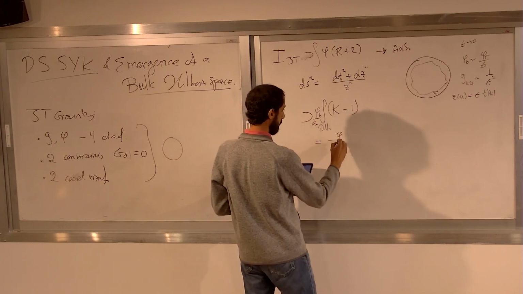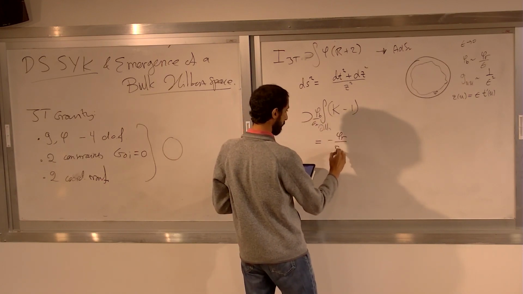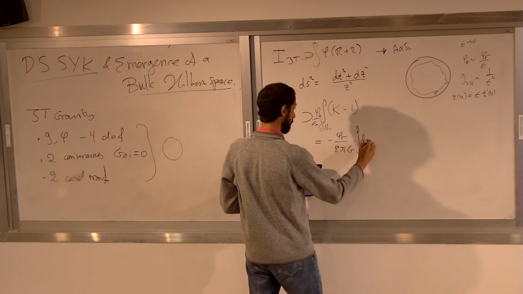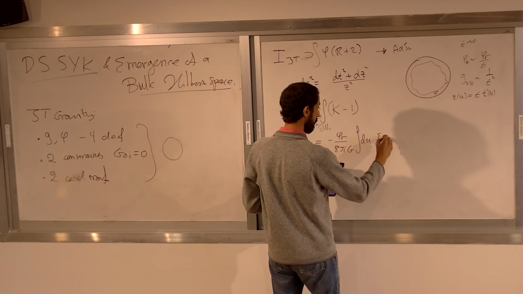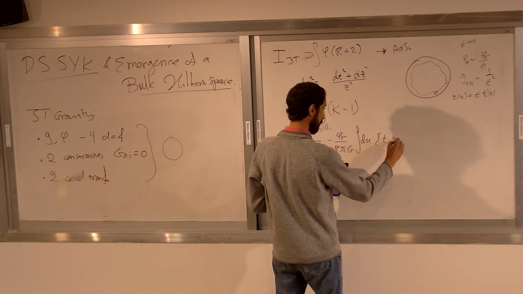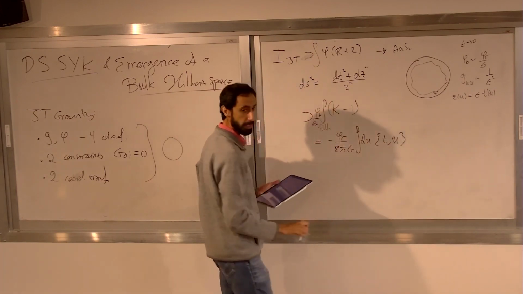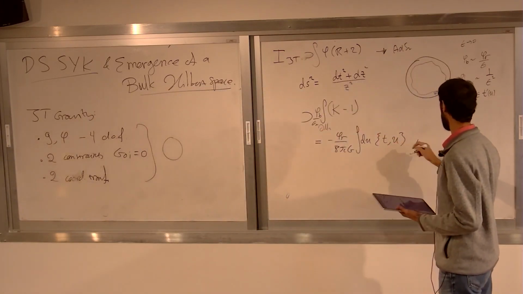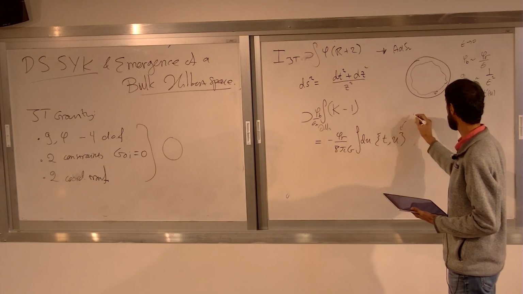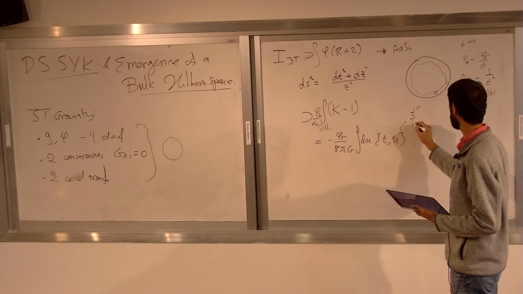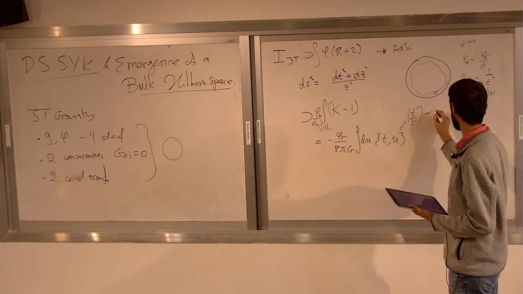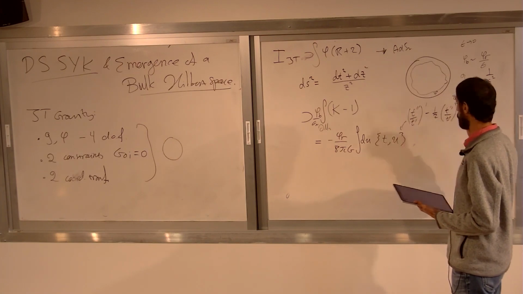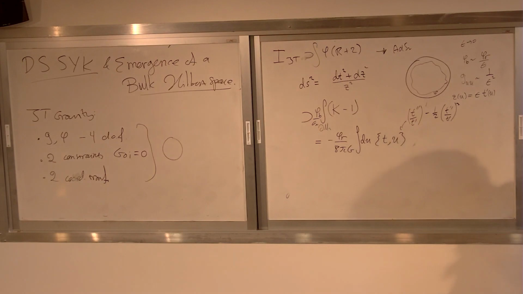You get minus phi r over 8 pi G times the integral du of the Schwarzian derivative between t and u, which means that the definition of this is t triple prime over t prime minus 1/2 t double prime over t prime squared. Okay, good.